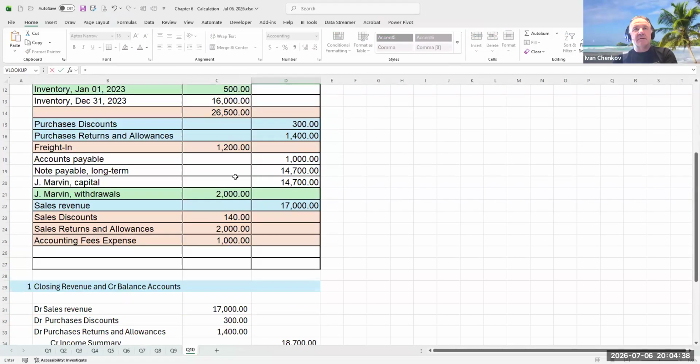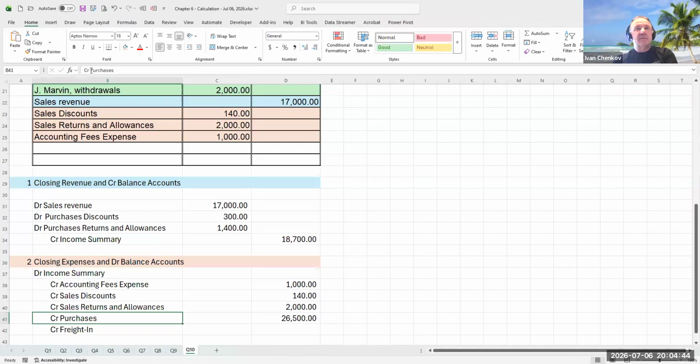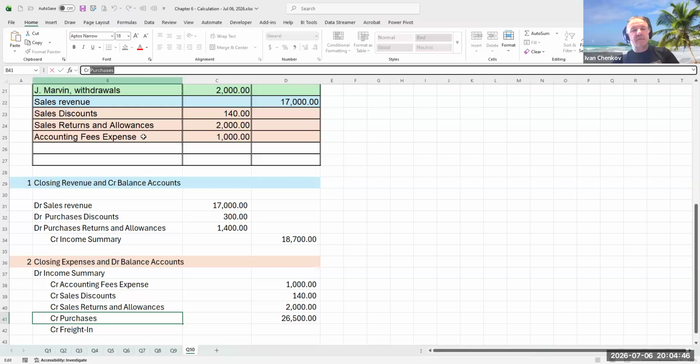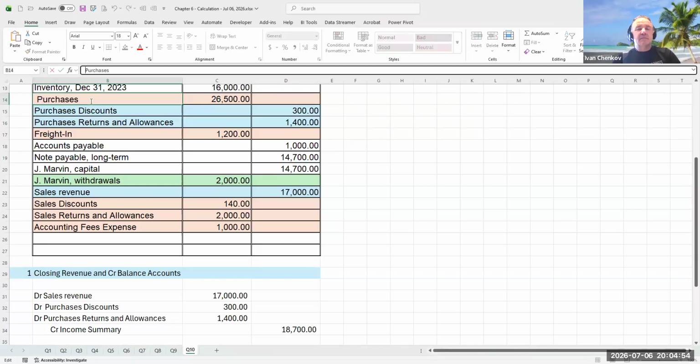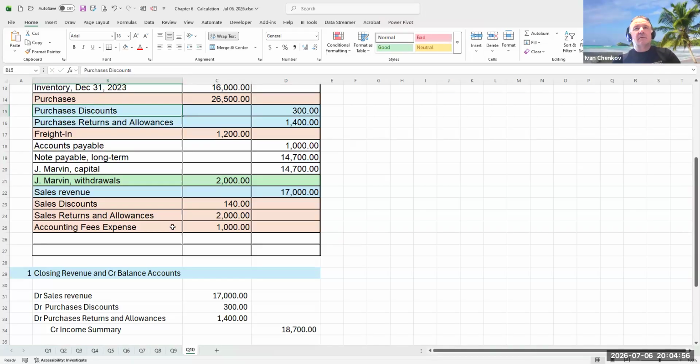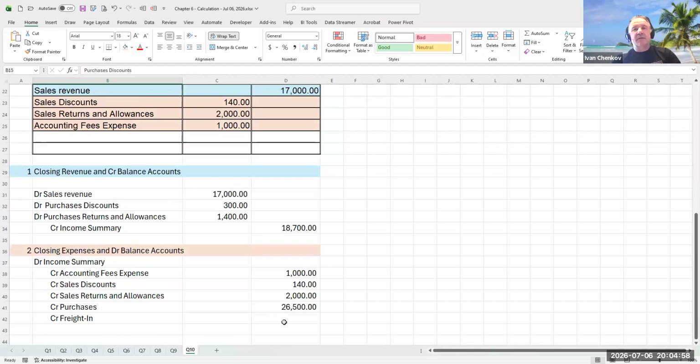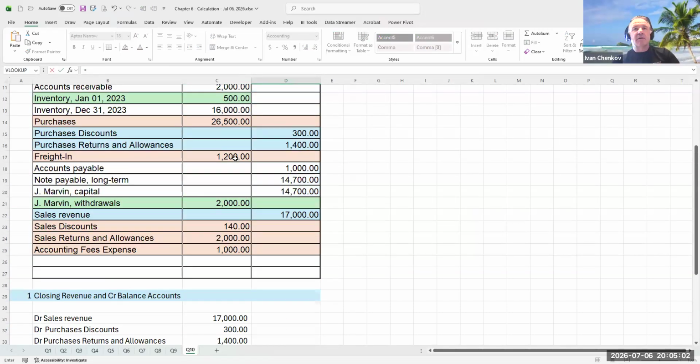Purchases 26,500. Oops. Purchases. Let's bring these purchases back here because we need them. Purchases 26,500, and the last one is the freighting 1,200.